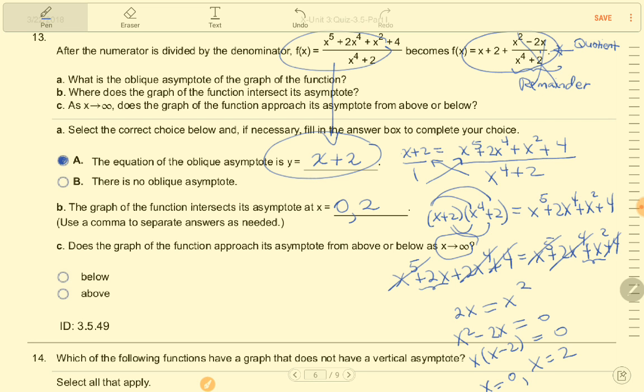Okay, so it says, does the graph of the function approach its asymptote from above or below as x approaches infinity? The way to figure this out is, first let's draw a sketch of the oblique asymptote through the y-intercept of 2 with a slope of 1 over 1.